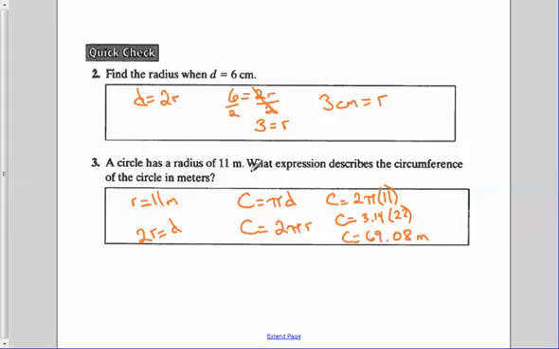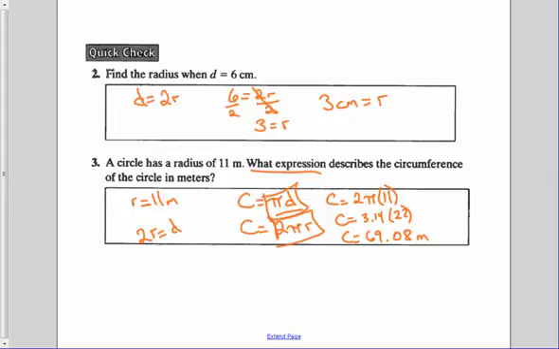But it says what expression, so I could have either pi d right here or 2 pi r. Those would be your actual answers since it's asking for an expression. If it wanted you to find the actual value, then it'd be 69.08 meters. That is the end for 9.5. Let me know if you have any questions.